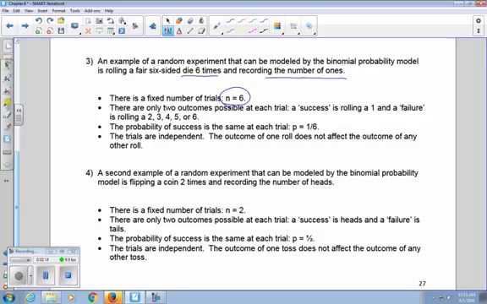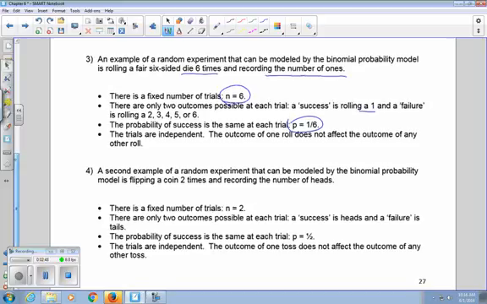Success is rolling a 1, and a failure is rolling anything else, the 2, 3, 4, 5, or 6. The probability of success is the same each time. So every time we roll a die, we have the same likelihood of getting a 1, which is 1/6. And the trials are independent. The outcome of one roll does not affect the outcome of any other roll.